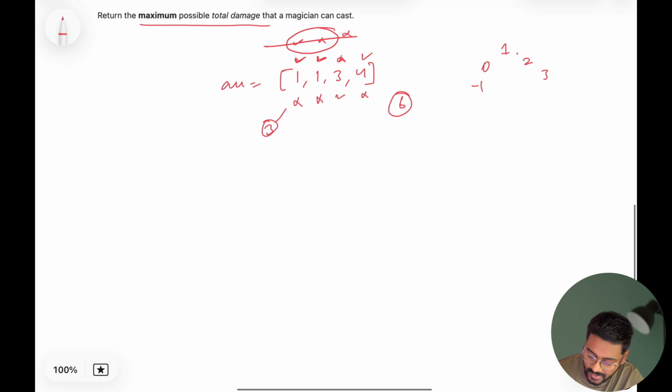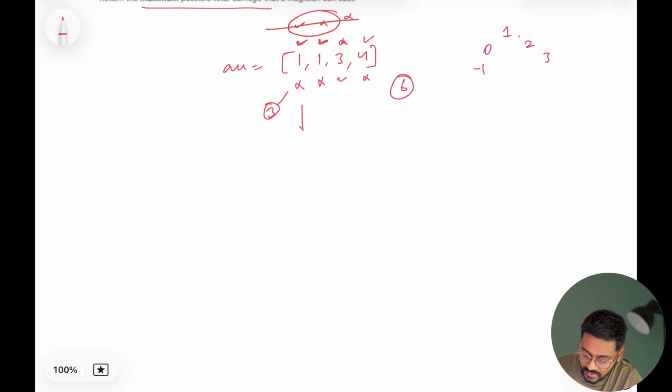So every single damage can be included or excluded. The magician can cast a spell with the current damage value, or skip it. Skip it to get a better result. If I'm skipping 3, then I can include 4.